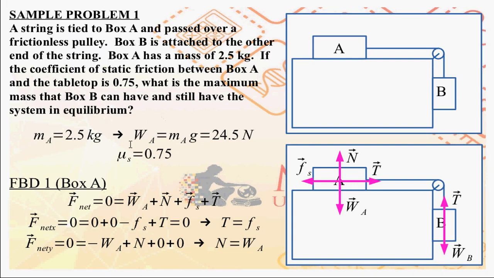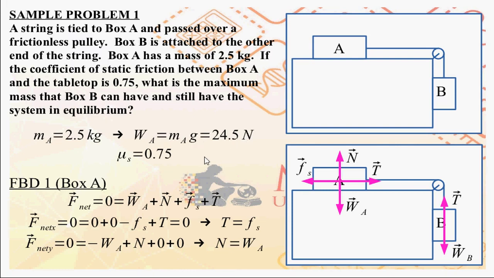Weight is vector weight. Vector W is equal to mg. Magnitude is equal to weight A is equal to MAG. So this is magnitude. It's just 2.5 kilograms multiplied by 9.8 meters per second squared. That will give you 24.5 newtons.